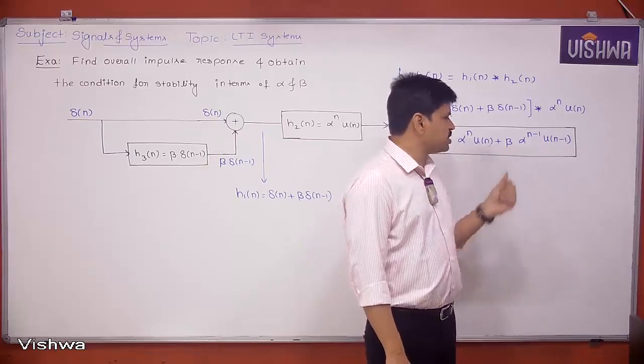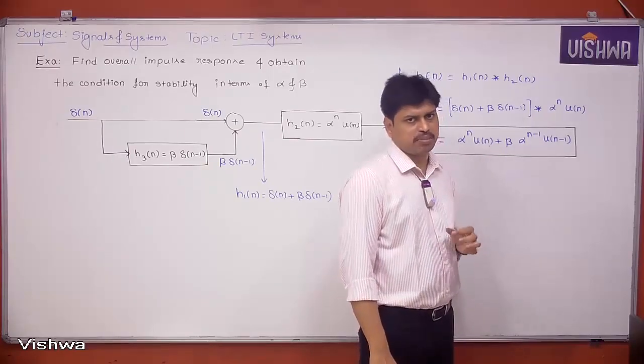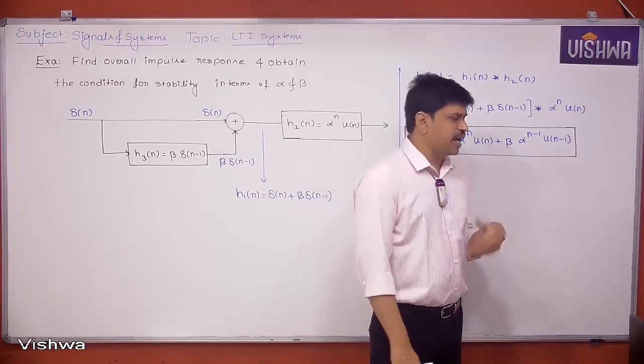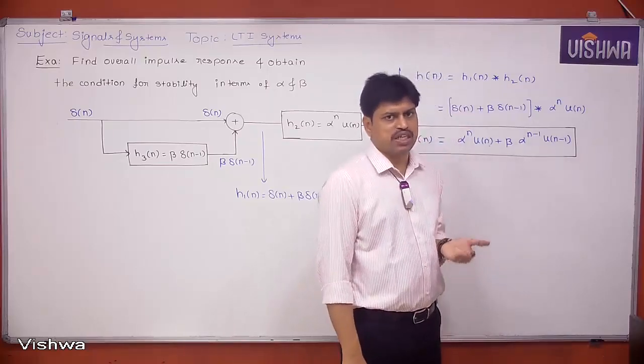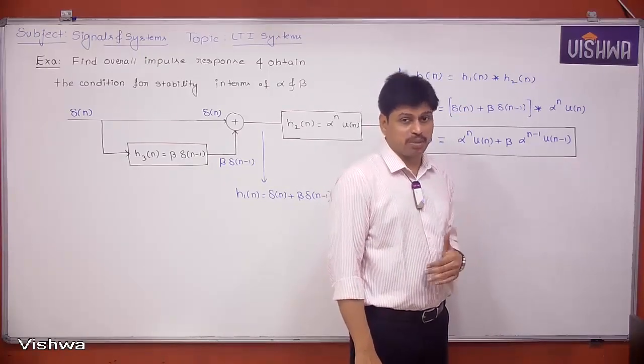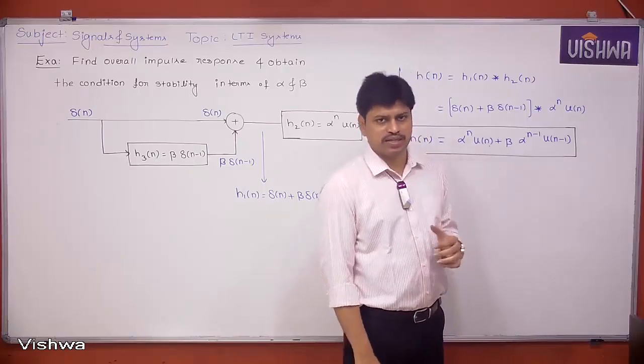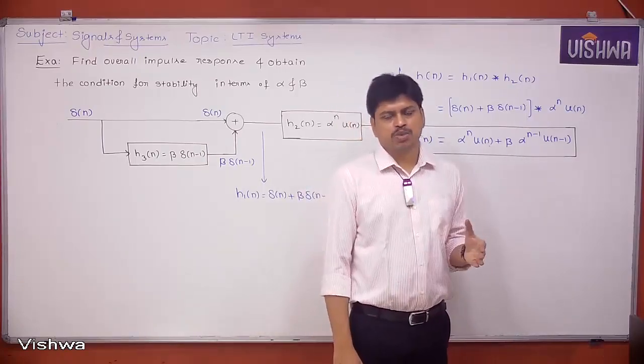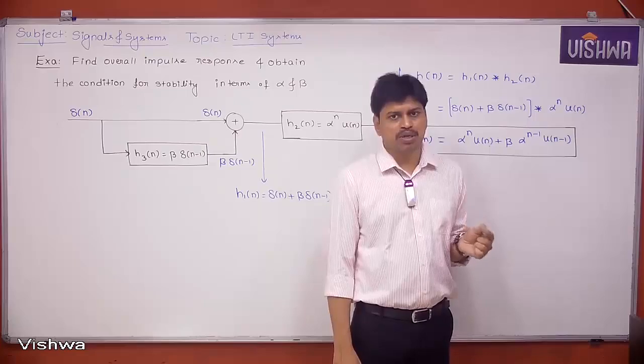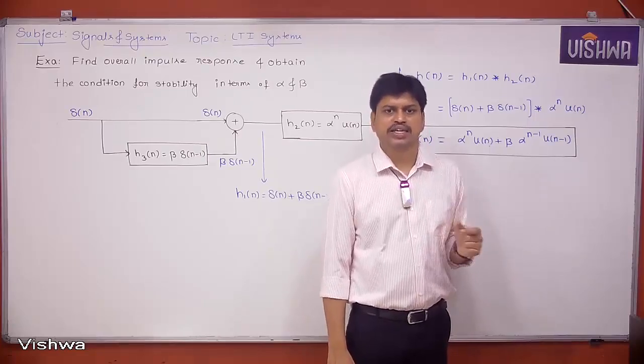And beta is simply a constant. Now, a right-sided exponential, if it has to be absolutely integrable, then it must be a decaying exponential. We already saw this: a right-sided exponential is absolutely integrable if and only if it is a decaying exponential.